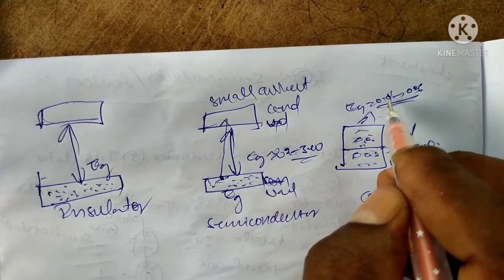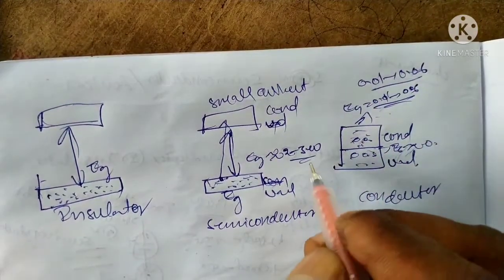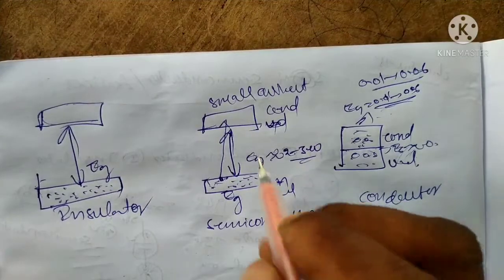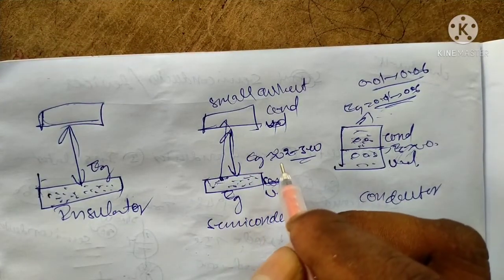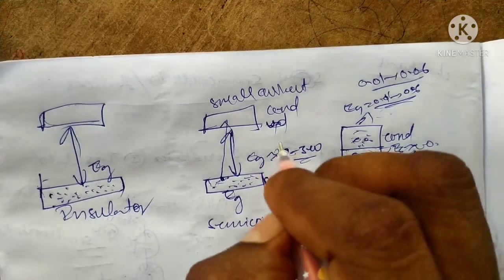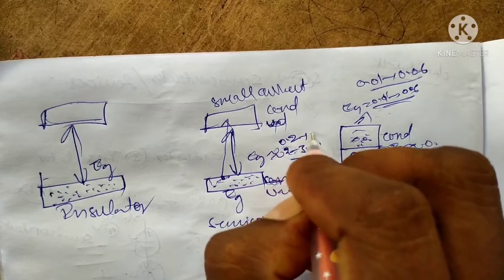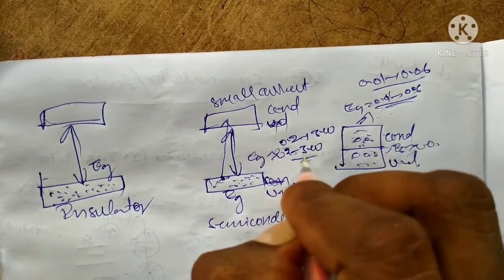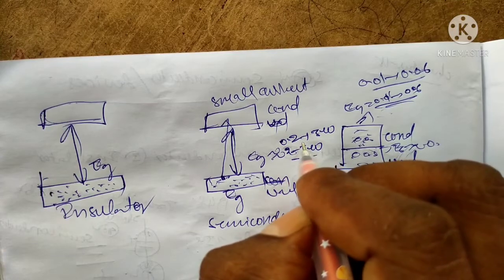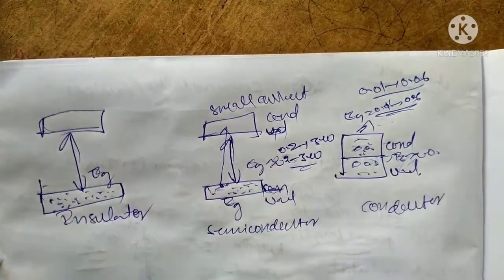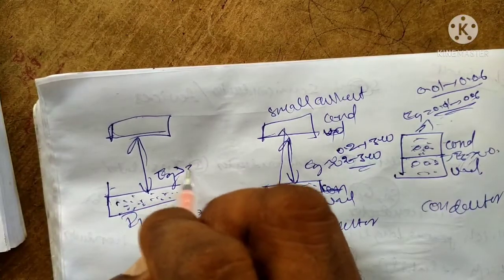In the case of semiconductors, the energy gap is 0.2 to 3 electron volts. That is the energy gap range in semiconductors. In the case of insulators, the energy gap is more than 3 electron volts.